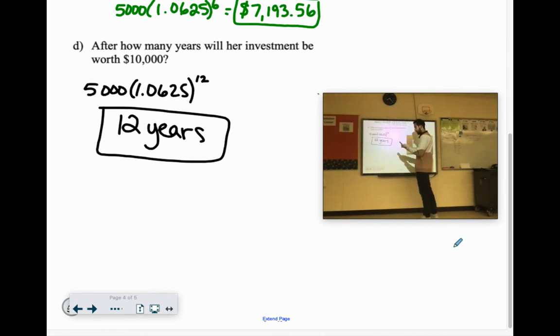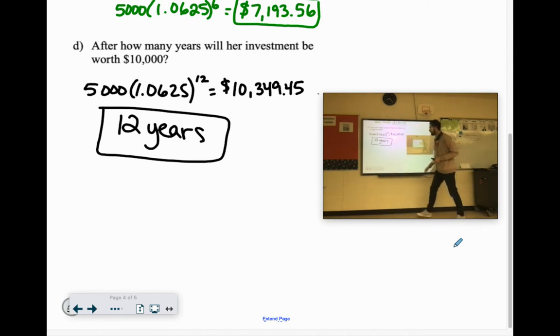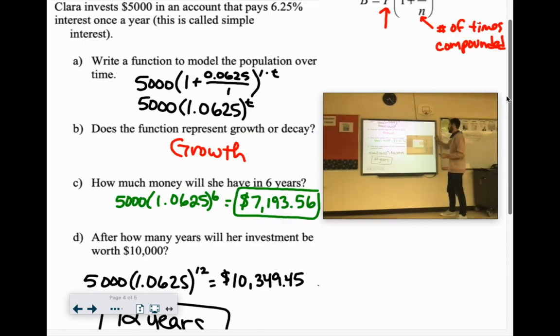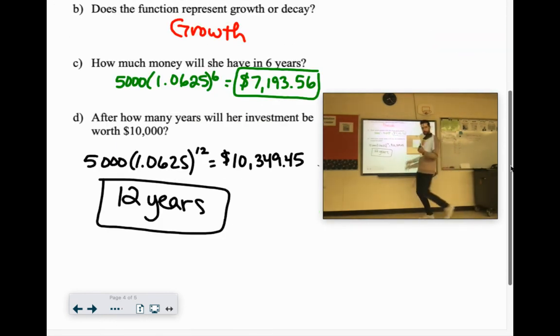They didn't ask for that, but we're just cool like that. 1.0625 to the 12th times 5,000 is $10,349.45. Cool. Good for her. Way to go, Clara. Let's see if they gave us an initial year. Nope, they didn't give us a year, so we don't know what year it would be.